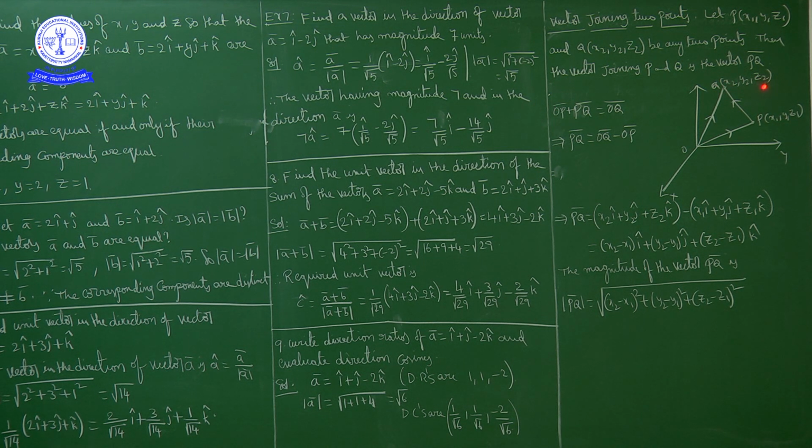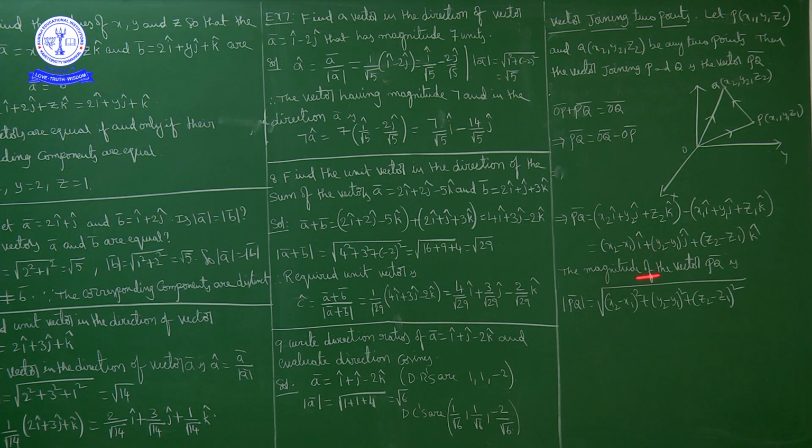Q is the point (x2, y2, z2), so the position vector OQ bar is x2 i cap plus y2 j cap plus z2 k cap, minus OP bar, the position vector of point P with respect to origin O, which is x1 i cap plus y1 j cap plus z1 k cap. The difference of these two is (x2 minus x1) i cap plus (y2 minus y1) j cap plus (z2 minus z1) k cap. For example, AB bar means OB bar minus OA bar: head minus tail. So PQ bar is OQ bar minus OP bar, head minus tail.